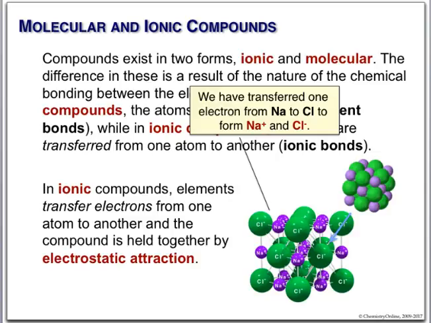These are totally transferred, no sharing. But because they're charged, they stick together. Opposite charges stick together, called an electrostatic attraction. We have chlorine, sodium, etc., and we make this nice big cubic crystal of these charged particles. If you have charged particles, it is ionic.